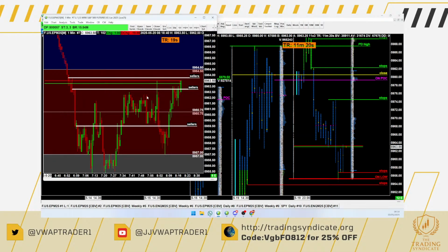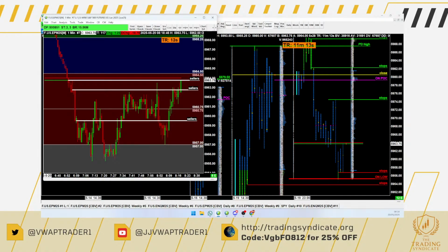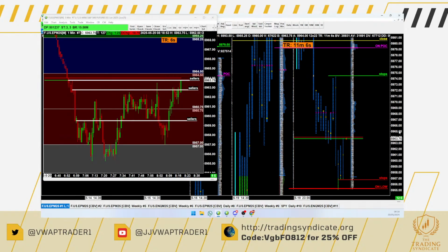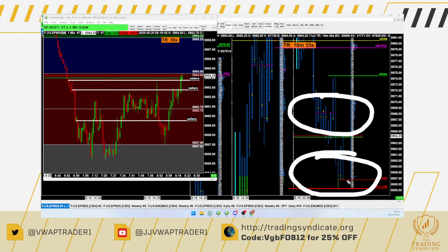right? And you draw these lines, they just help you manage your expectations. So if you kind of look at the market profile, you'll see that this is the discount zone and this is the deep discount zone.